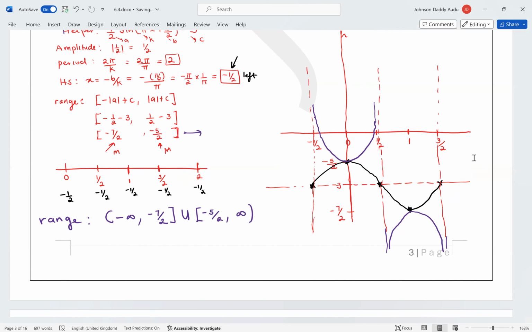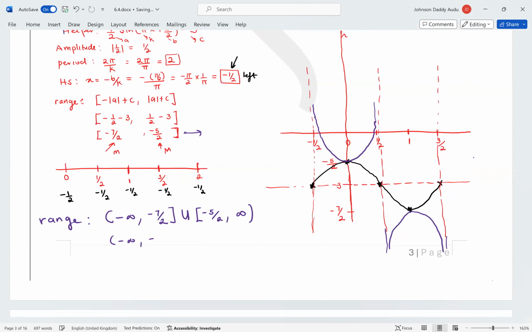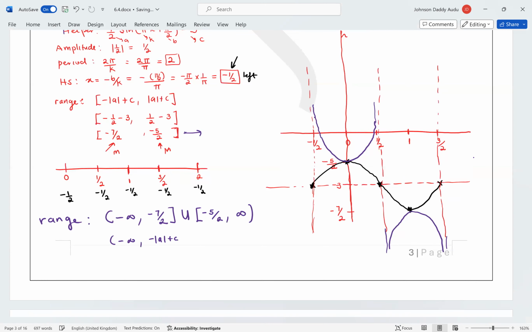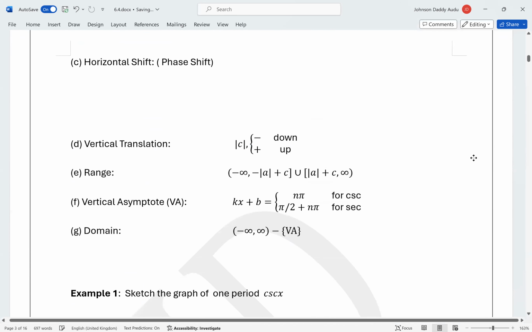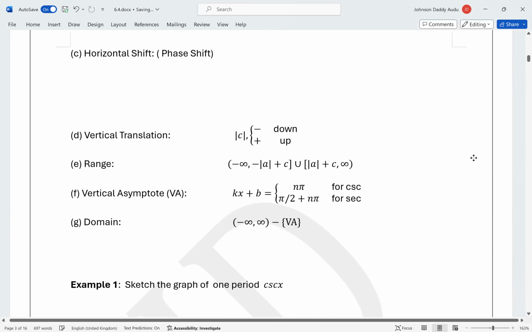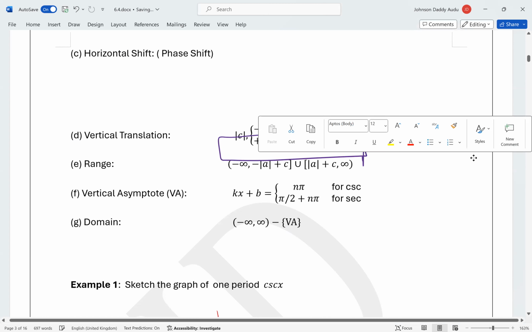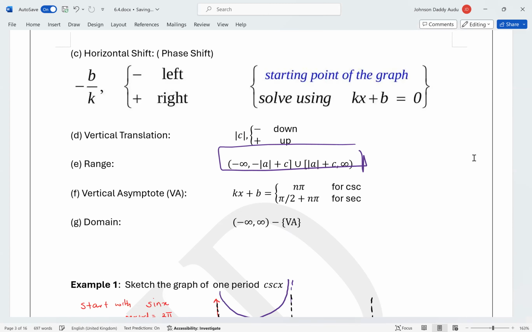And you can see that this follows the formula, right? So what is the formula? The formula is minus infinity to minus |a| plus c, union |a| plus c to infinity. So this is the formula for finding the range. So let me just show you once again here. This is the formula we're using for finding the range here.